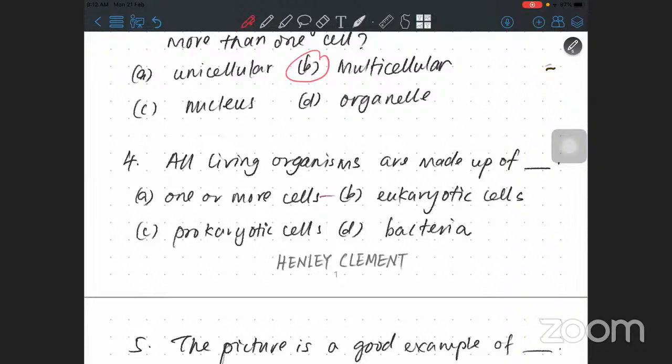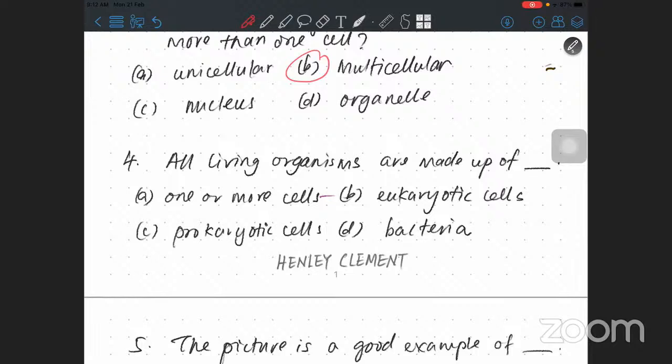This is Mr. Henry Clement for your revision. We have studied for about 5 weeks, so this is a small checkpoint to help us do a self-diagnostic test to see whether we actually remember what we have learned for the past few weeks.